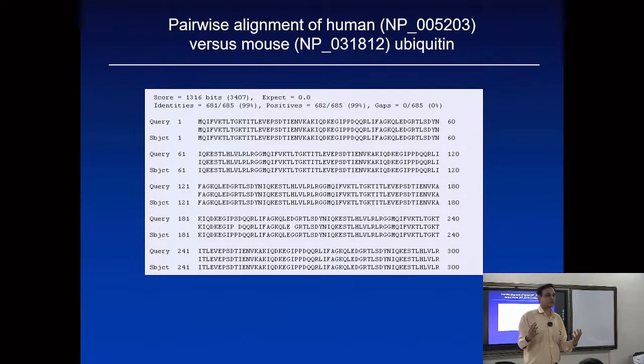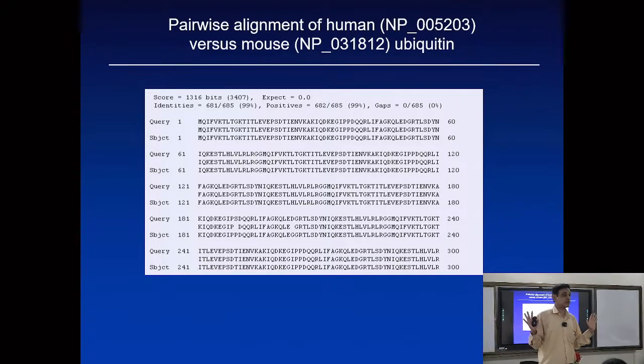PAM1 is also 99% identities, 1% divergence, right? But in general, this is not known, because you have sequences and you don't know how similar and how dissimilar, because that is inferred after you have done the alignment, right?